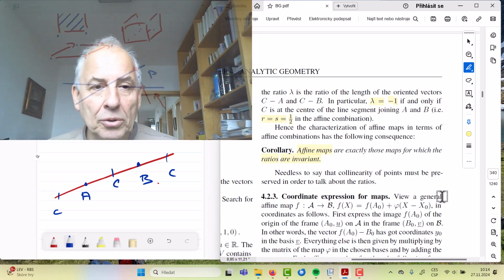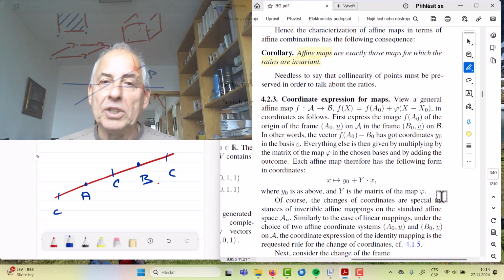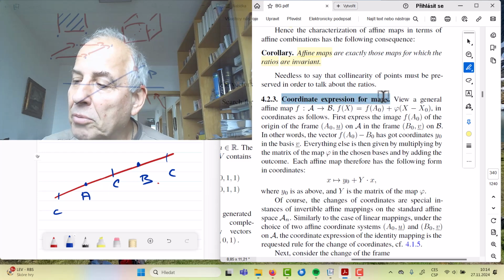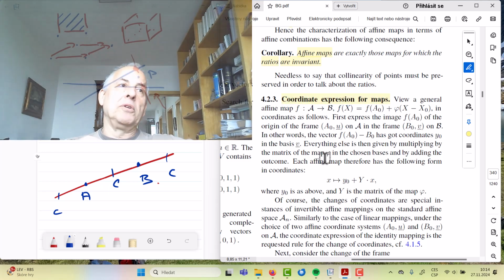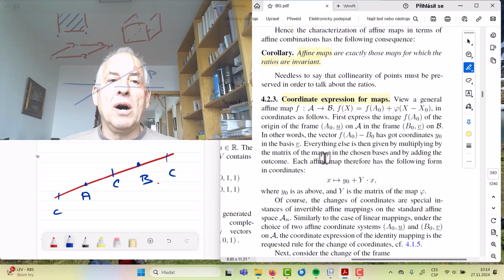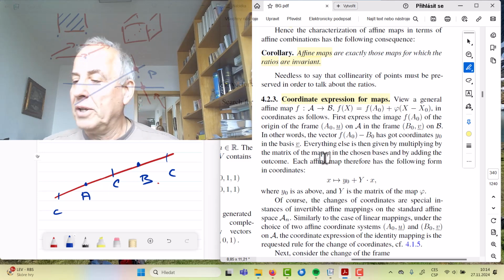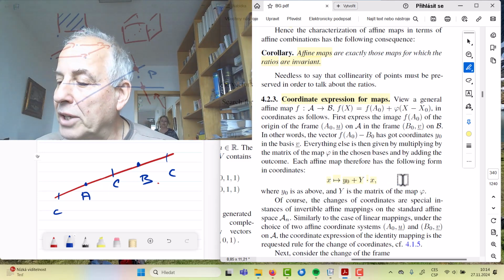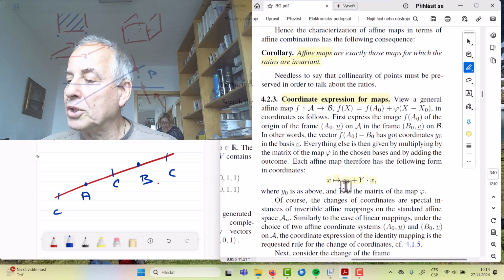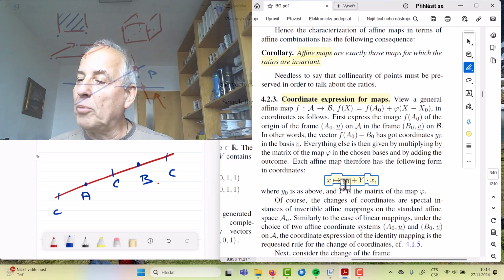Right, so the last thing to talk about is then the coordinate expression of the map. So if we take 2 frames, in the beginning and in the end, how shall we write down the affine maps? But that's obvious, right? In the matrix calculus it must be just that the value of the point A0 is Y0 in the coordinates, and then the rest is a linear map, so it's given by some matrix.